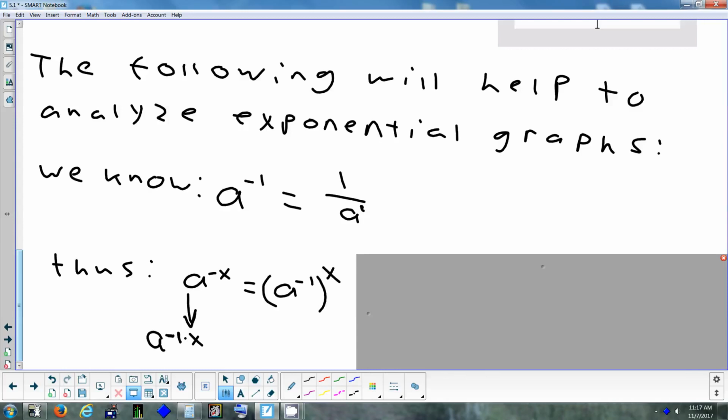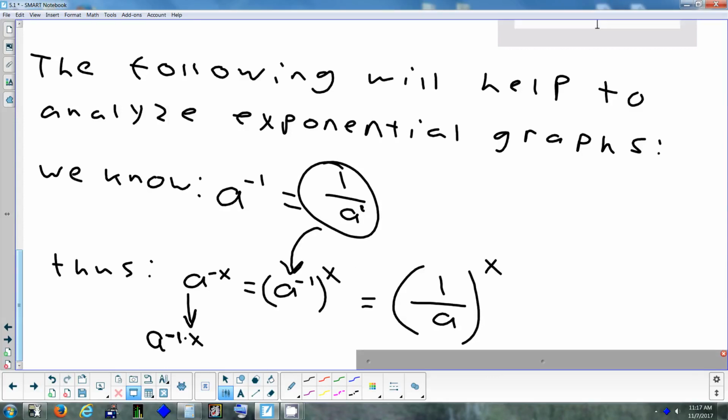But now, we just said earlier that a to the negative 1 is just 1 over a. So the final step to simplifying that is to make it 1 over a to the x.